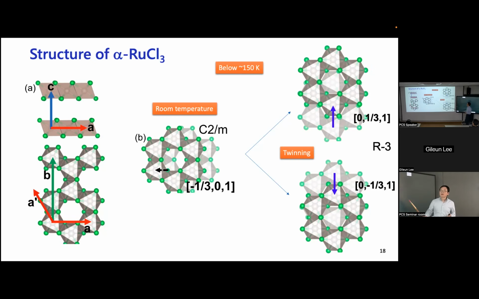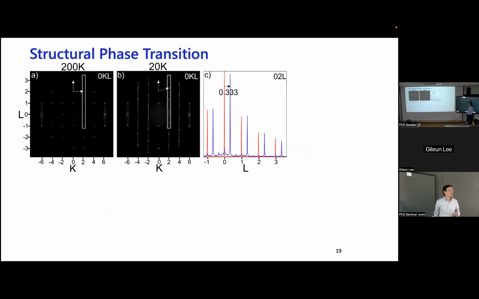However, you can get lucky, and you might get just one type versus the other. It turns out that we have such a lucky situation here, because in this particular sample that we studied, we found something very interesting. At high temperature there are very well-defined superlattice Bragg peaks. But when you go to low temperature, you can see Bragg peaks occurring, going from this way to tilted this way.